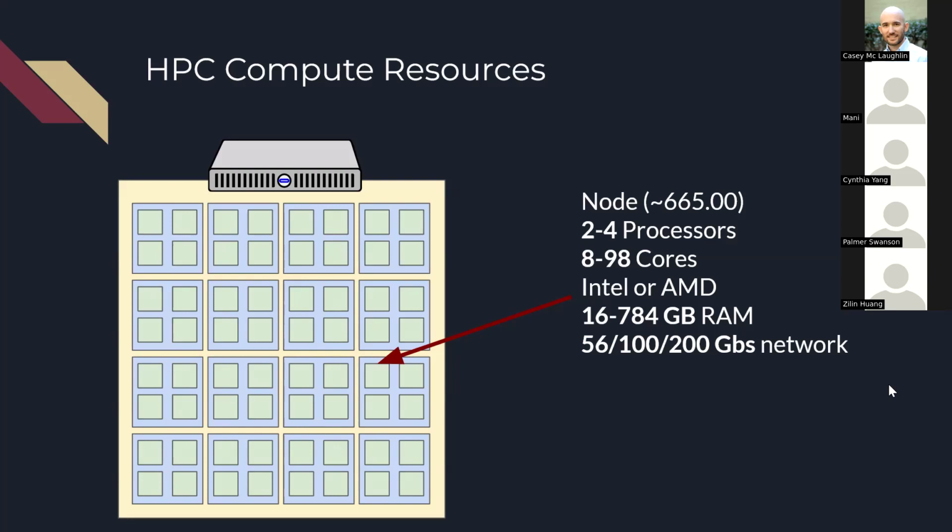We started out with 4 gigs of RAM per core, and now the new standard is 8 gig per core. So these larger machines have roughly 784 gigabytes of RAM. You can use it all, or you can only use a small amount.